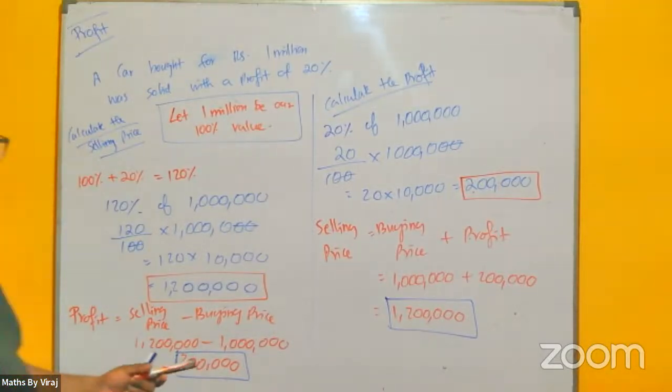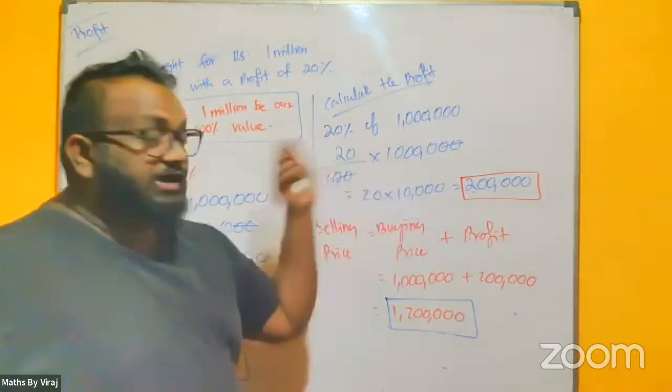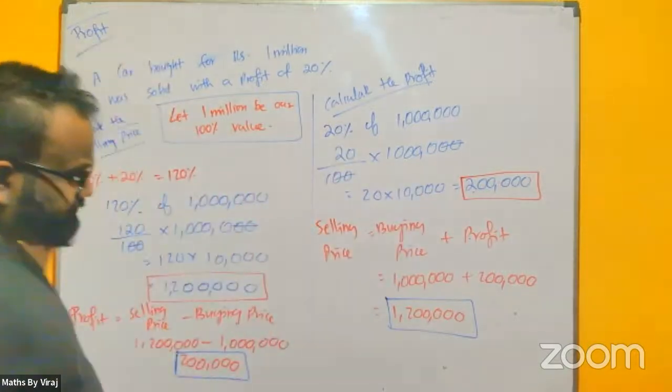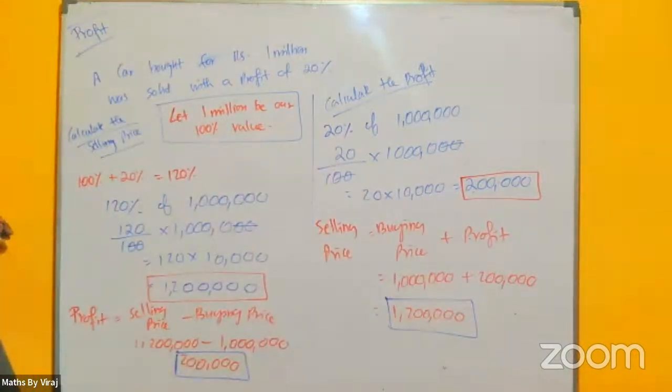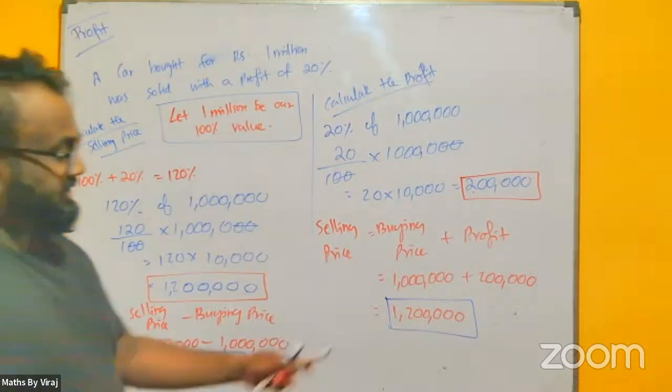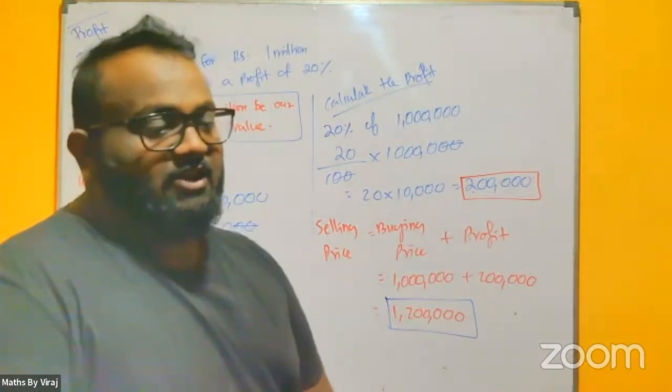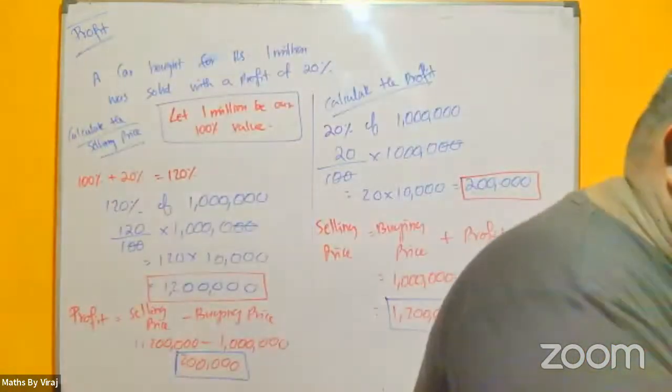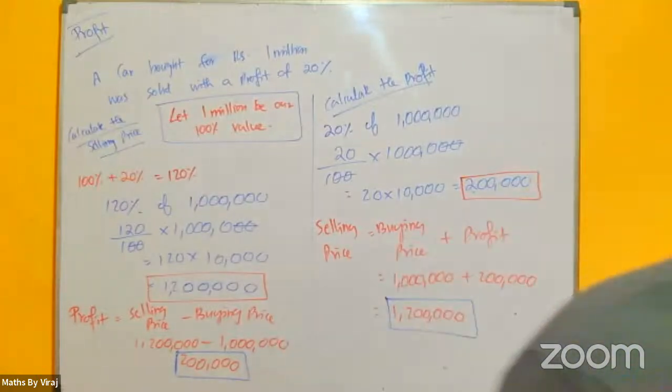Here we get 200,000 at the end of the sum. Here we get 200,000 at the beginning of the sum. So it's both the same. Now selling price is buying price plus profit. The buying price is 1 million, as you all know, and the profit is 200,000, and hence the selling price is 1,200,000. So children, this is not difficult at all, right?